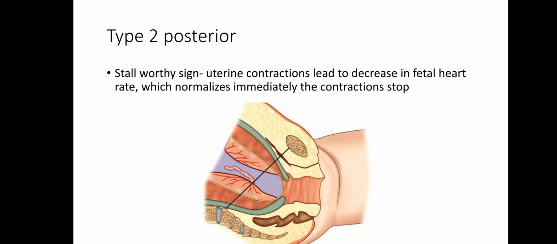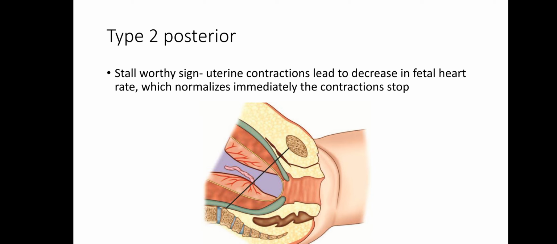So a little bit on the type 2 posterior. As you can see in the diagram, the placenta is towards the back of the mother. The reason this is problematic is when there are contractions, the fetal head will compress the placenta against the sacral promontory, which is that bump in the vertebra you can see at the back of the mother.